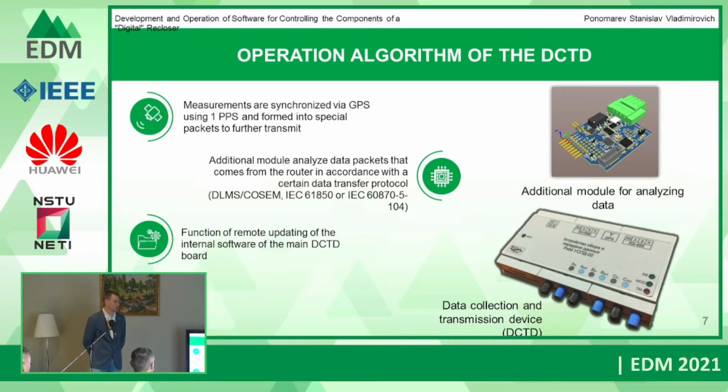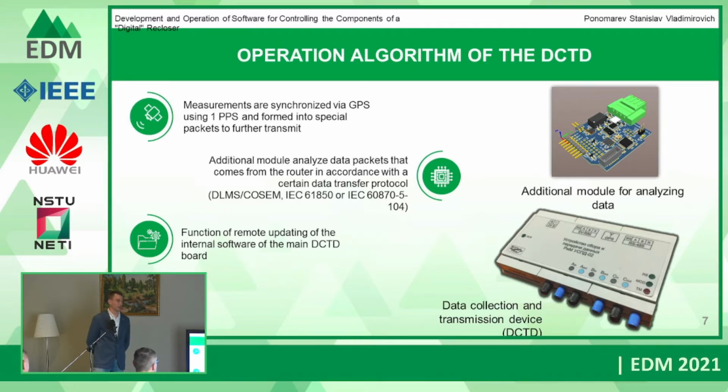So this additional module is analyzing data packets that come from the router, because this DCTD can receive and transmit information. And when it's receiving information, this module analyzes it, takes it into account, and transmits data in the form that the motherboard of the DCTD wants to have.